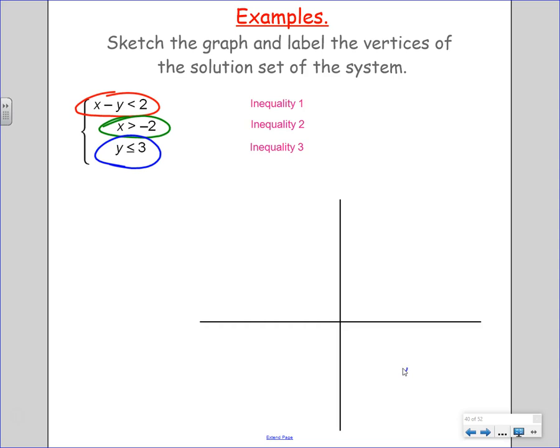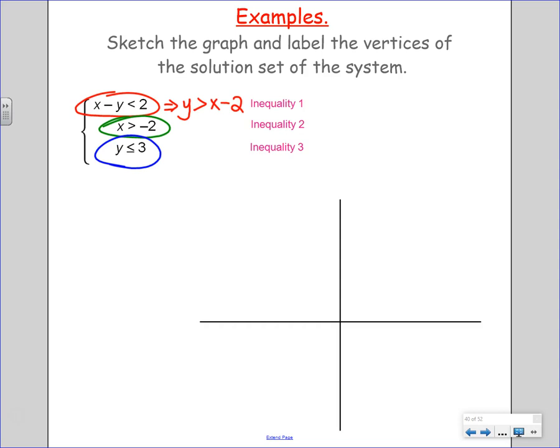Let me go back to it, and then multiply it by the negative one. It's a line. So Lainey's telling me get y by itself. Correct. Because if I get y by itself, then I see the mx plus b. So maybe I'm not going to graph that one, I'm going to graph instead y greater than x minus 2.